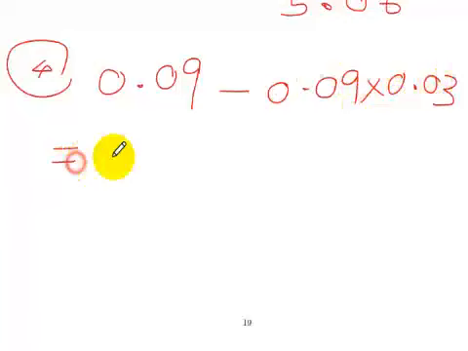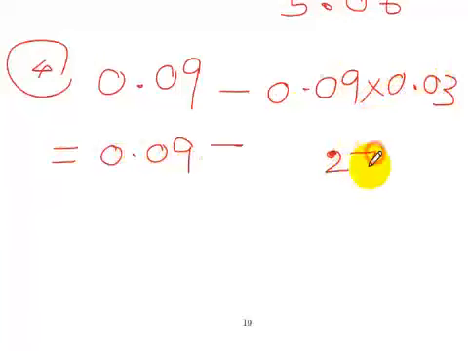So I keep this 0.09 aside, put the subtraction aside, and multiply 9 into 3 without considering decimals. I just write 9 into 3, 27, and put some zeros here. Now count the total number of decimals: 1, 2, 3, 4. Here also I put 4 decimals. 1, 2, 3, 4. So the decimal point should come here.